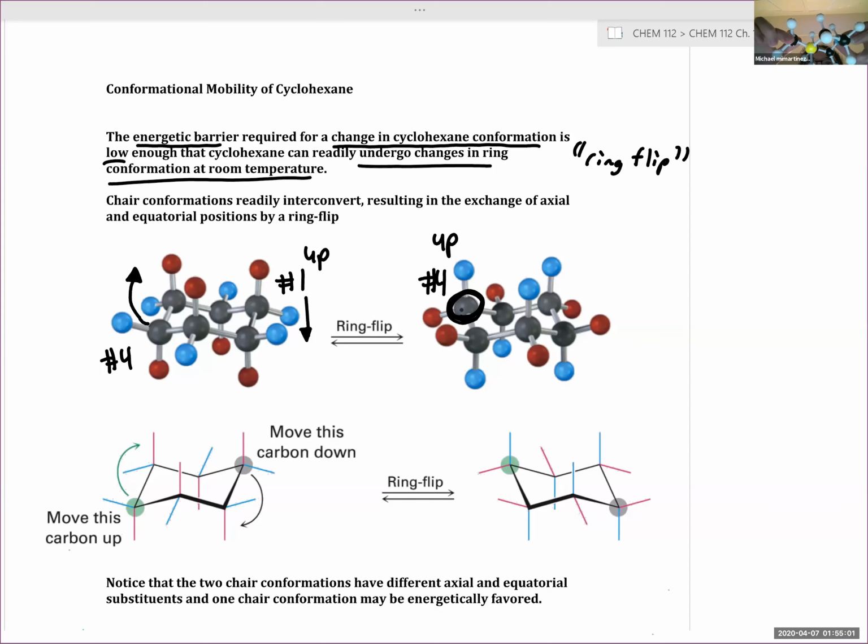Now, one thing that I do want you to pay attention to is that from our view perspective, the yellow carbon, which is carbon number 1, is now, if we're mapping onto this chair conformation, right here.